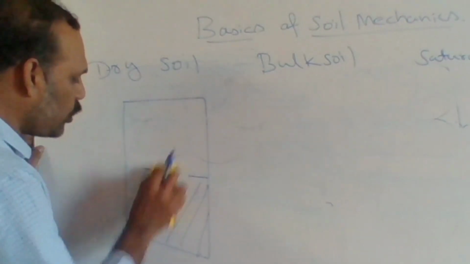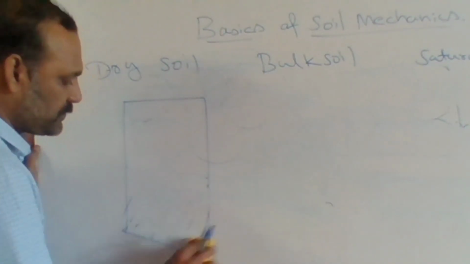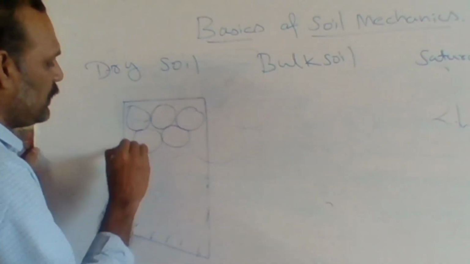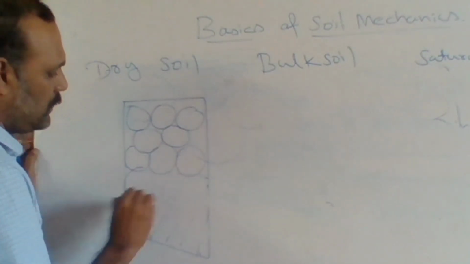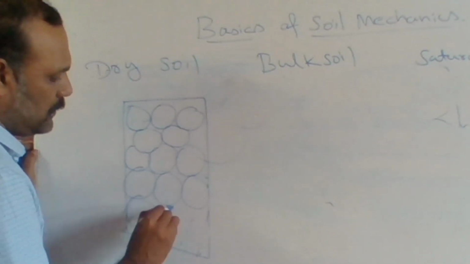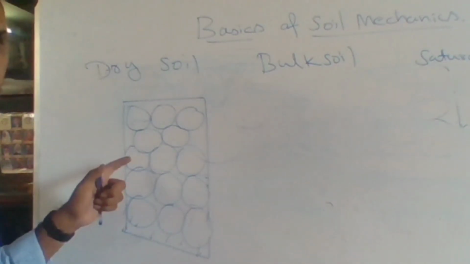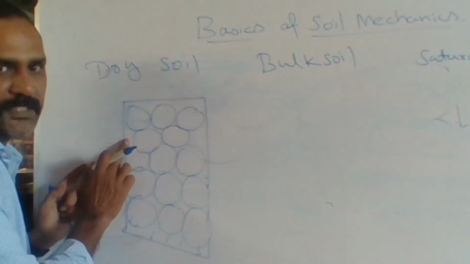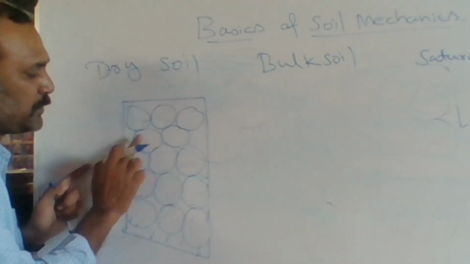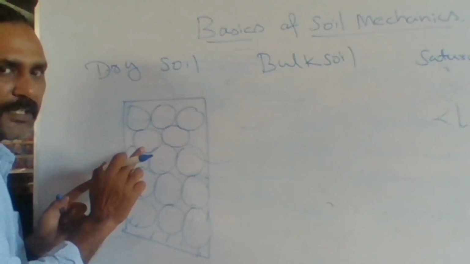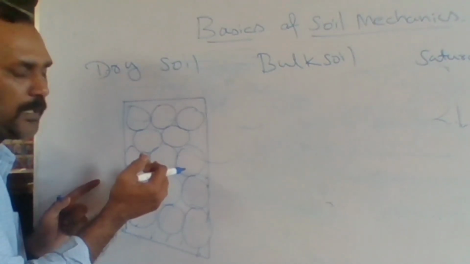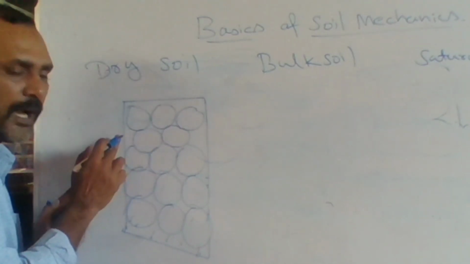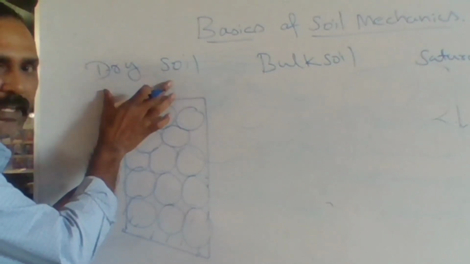These solid rocks occupy this area, so the grains are there and also voids are present. Instead of grains, we usually call them solids. So solids and voids are present in the case of dry soil.